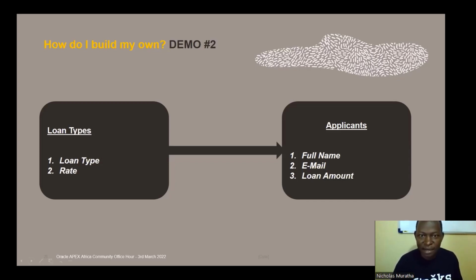My next demo is now to take you through this process. So what I'll do is stop sharing from the slides, and then I'll share my browser. Now we can build an app from scratch. Let me go to my browser.